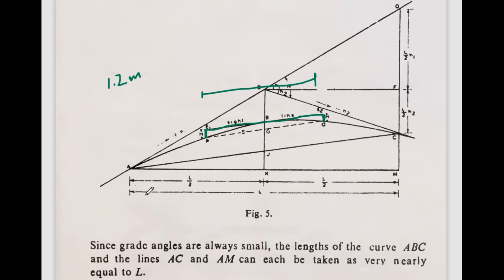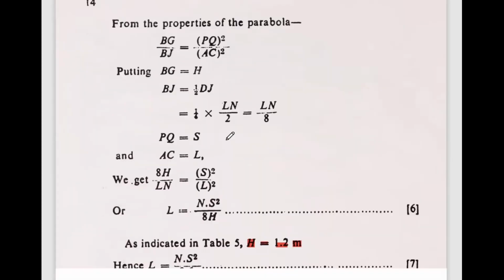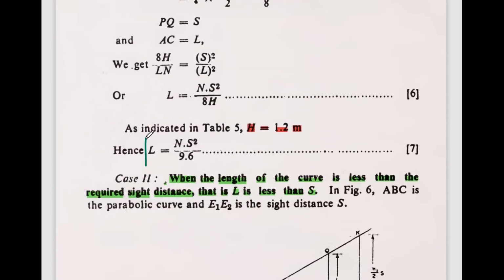And what is the length of curve? This is basically the length of curve, but since our assumption was that this n value is very small, the length of curve is approximately equal to the horizontal length. So for this case, how will we calculate this L value? Here they have given the formula. After several calculations, at last they come to this formula where L equals N into S square by 9.6.